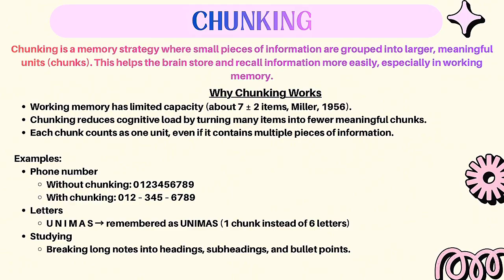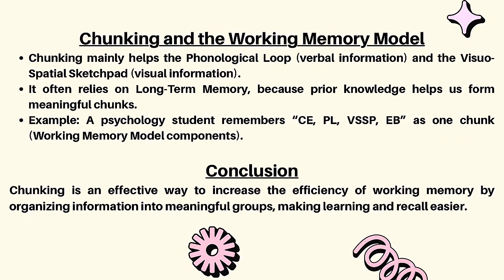Because of this limitation, trying to remember too much information at once can overload our brain. Chunking helps reduce this cognitive load by turning many separate items into fewer, meaningful chunks. Even if a chunk contains several pieces of information, it is still processed as one unit by the brain.